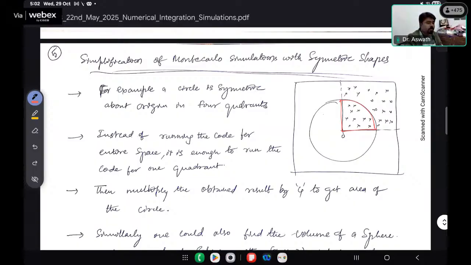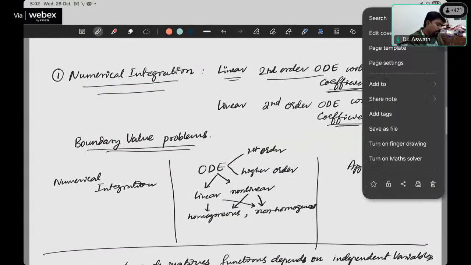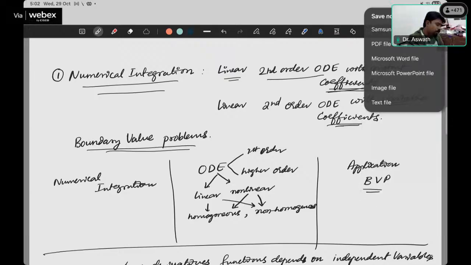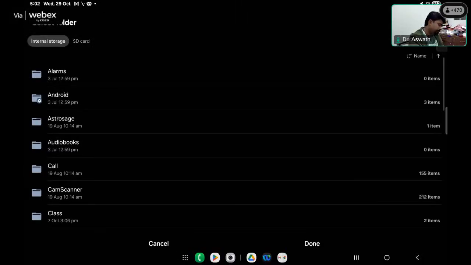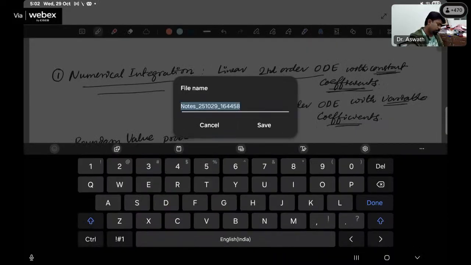Okay, fine. So I'll stop at this point and I'll hand it over to Academy. I have already shared the entire notes. I'll quickly share my handwritten notes also, dated 29th October.